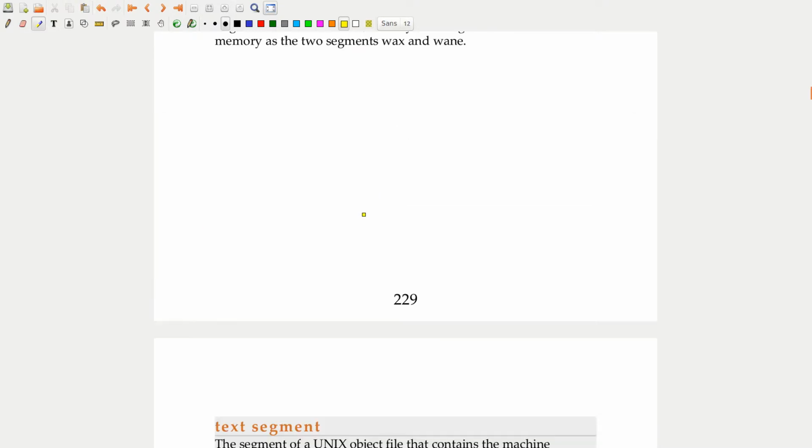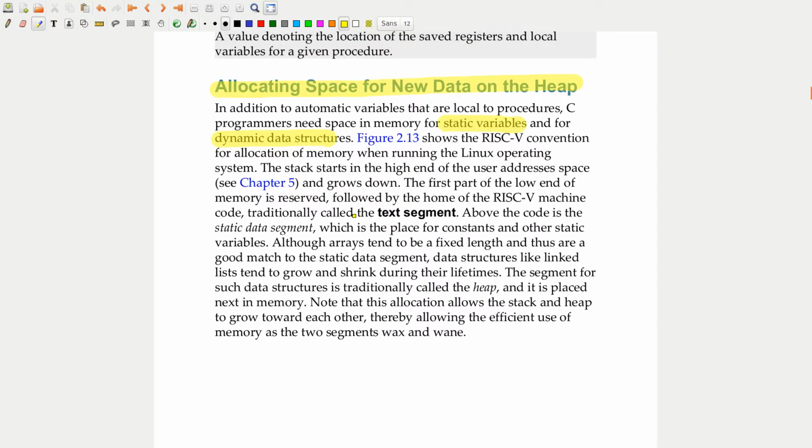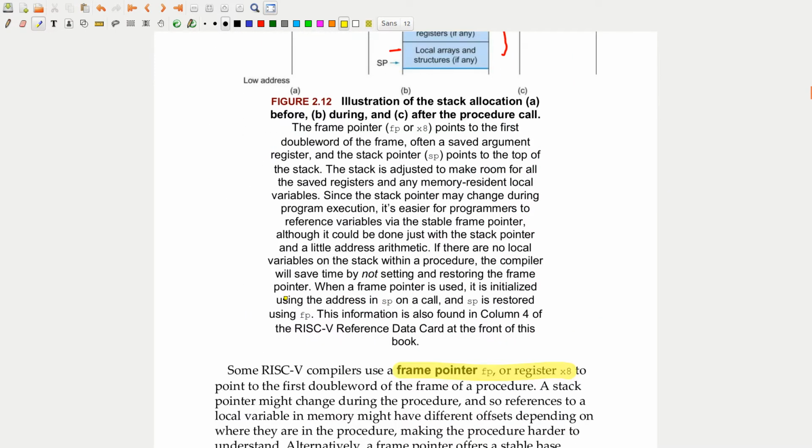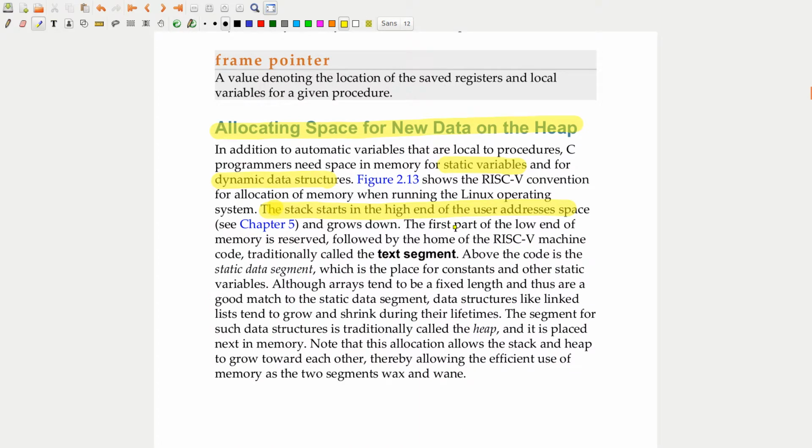So let's go through this a little bit. The stack starts at the high end of the user's address space. So we'll see that in chapter 5. And it grows downward. This is kind of like we already saw before when we had to decrement the stack pointer. So the stack pointer is already at some higher level, and we have to decrement it down. So it starts at the high end of the address space.